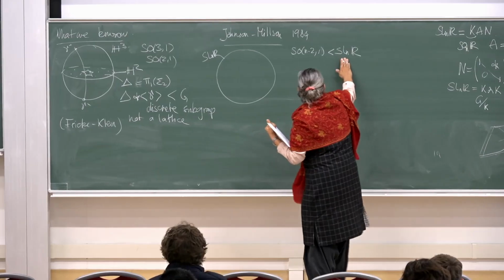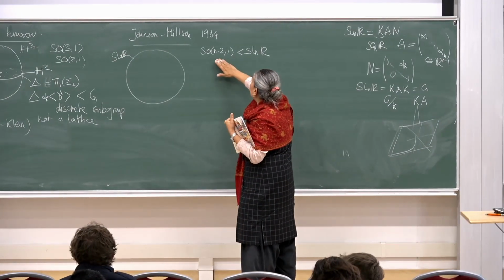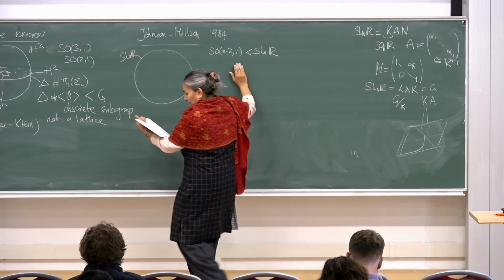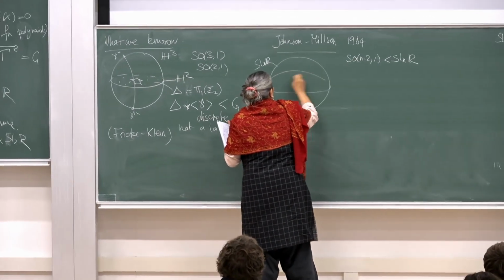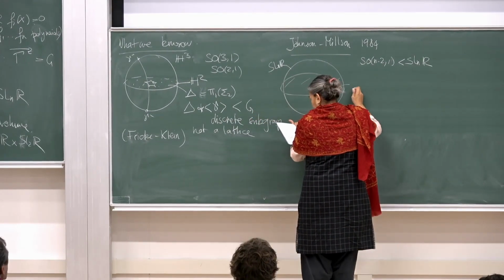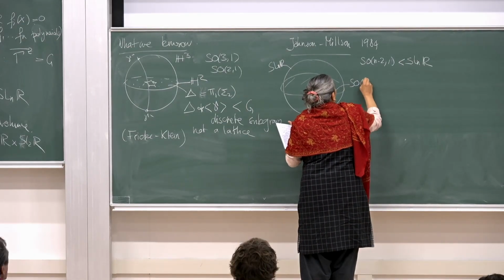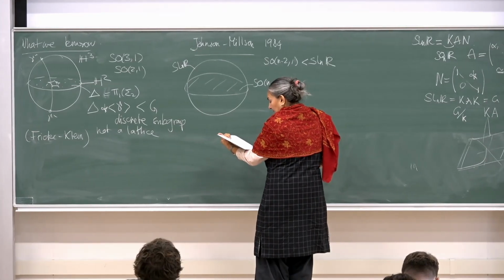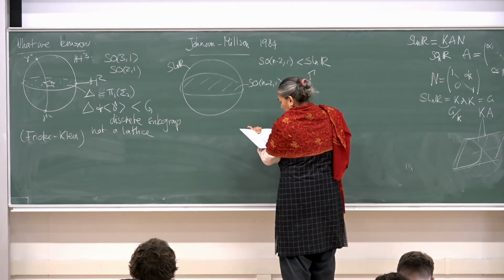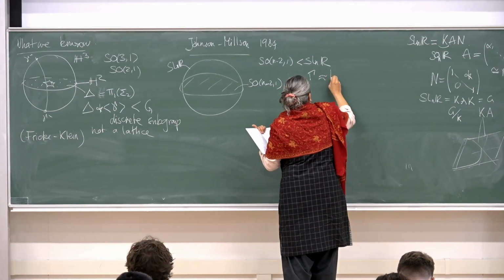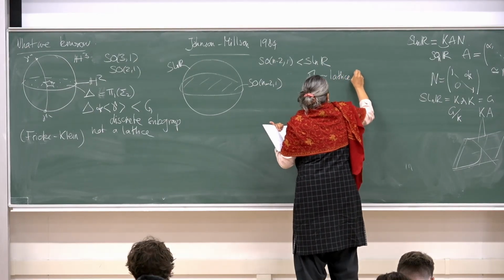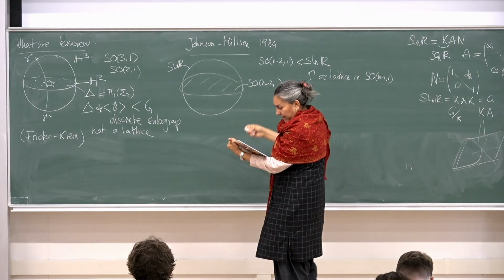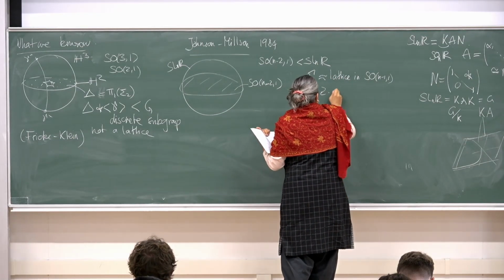So anyway, here you have SL_n(R), and you have this copy of SO(n-2,1), which let's say sits somewhere here. They create gamma, a lattice in SO(n-1,1), which contains SO(n-2,1), which is Zariski dense.